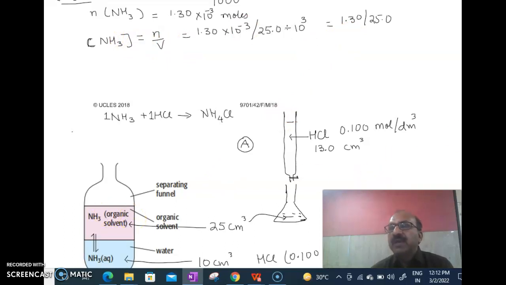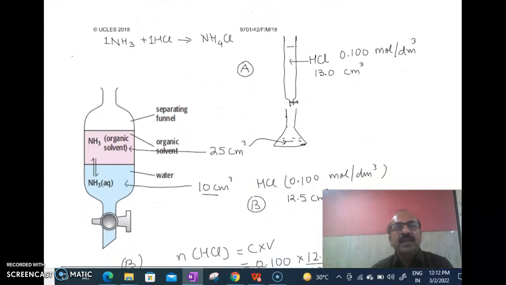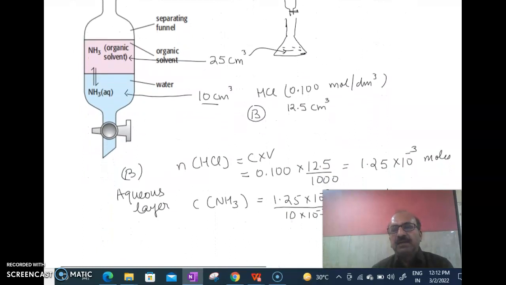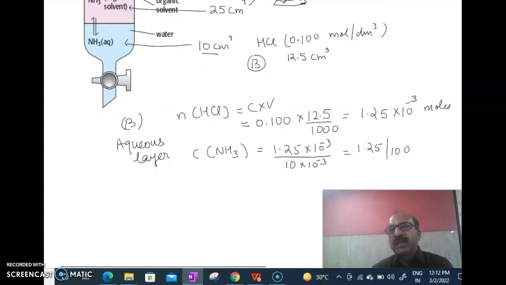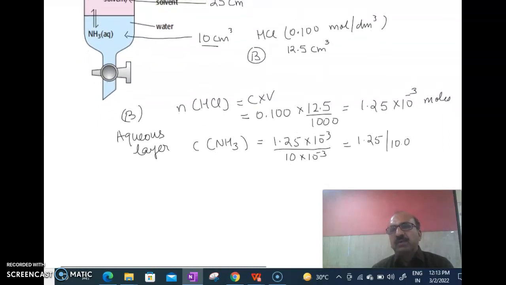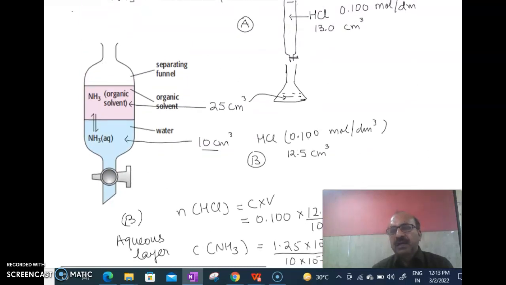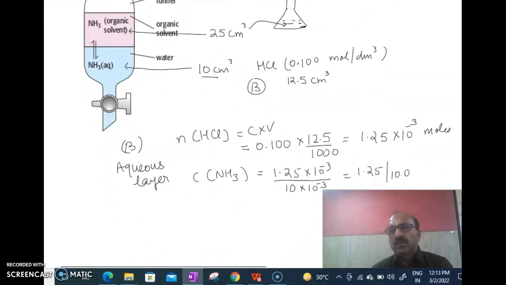In the same way, we can work out the concentration of ammonia in the aqueous layer. Using the same relationship, C into V, we had used 12.5 cm cube of the HCl for the second titration, and we got the number of moles of HCl.